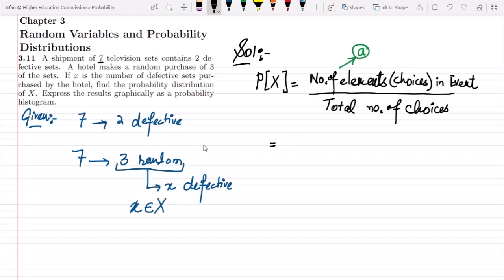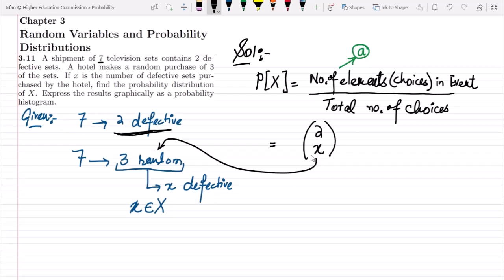So let me see what this is. This is basically a combinatorics problem. Here, first of all, let us see that we have 2 defective items, and out of these 2 defective items how many choices will I have? I have X number of choices which can be available in these 3 random choices.